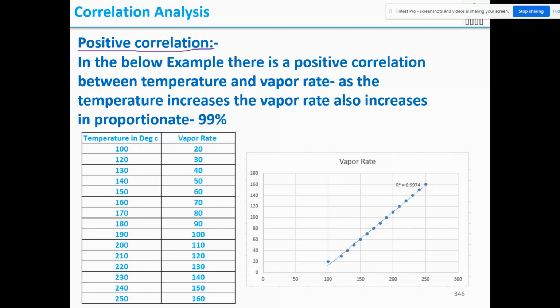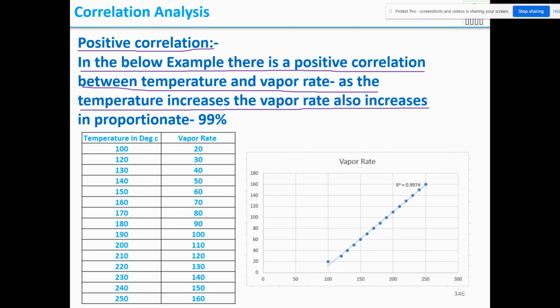Now let us see what is positive correlation. In the below example, there is a positive correlation between temperature and vapor rate. As the temperature increases, the vapor rate also increases in proportion of 99%.